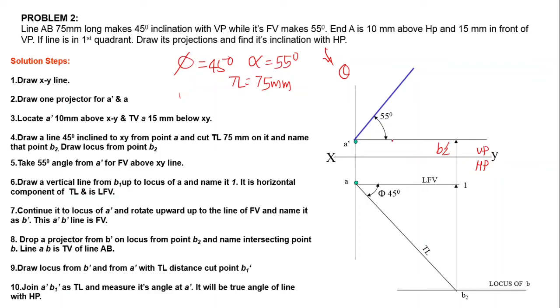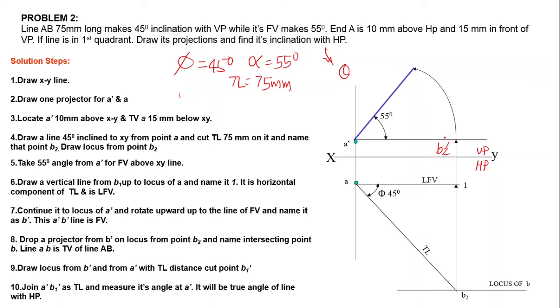If that front view is parallel to XY line, then its top view must be in true length. A dash B2 dash parallel to XY line means A B2 must be in true length. That is the condition. Then we can represent that A dash B2 dash like this.